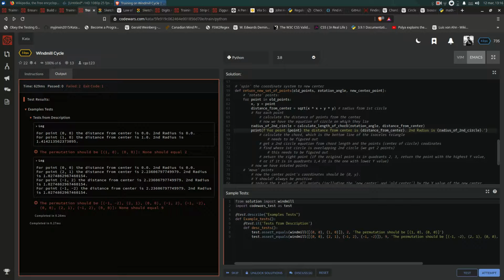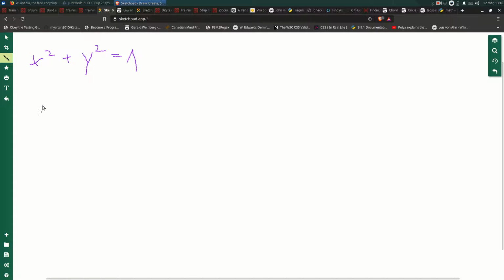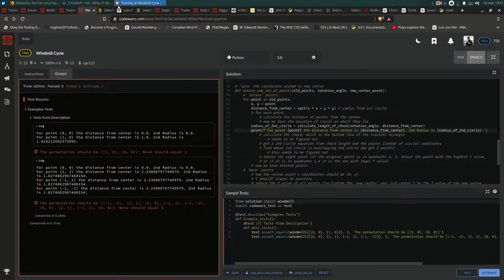So the first equation is x² plus y² equals 1. The center is what? 1, 0.